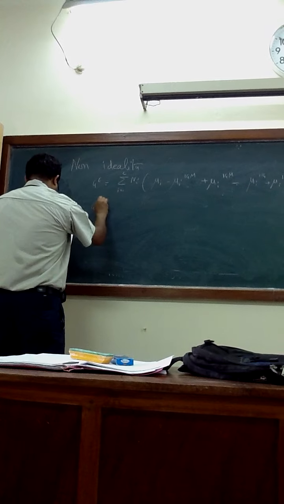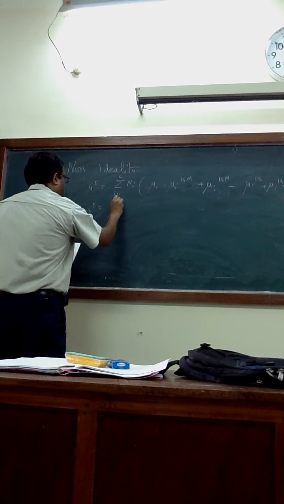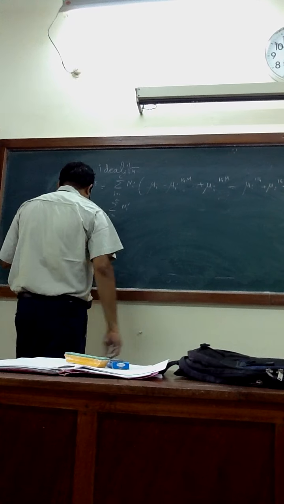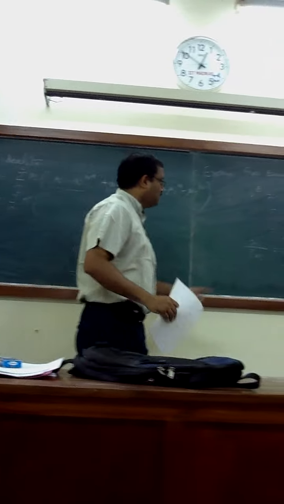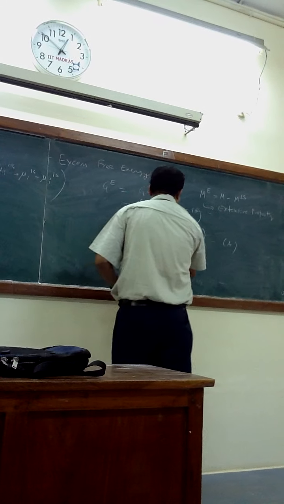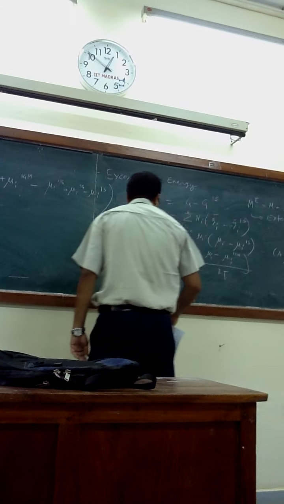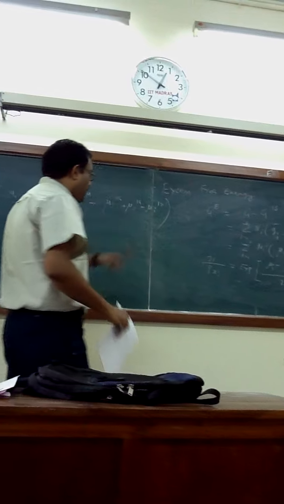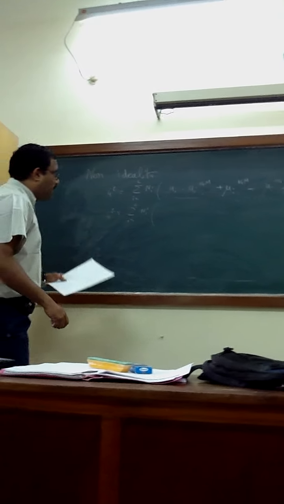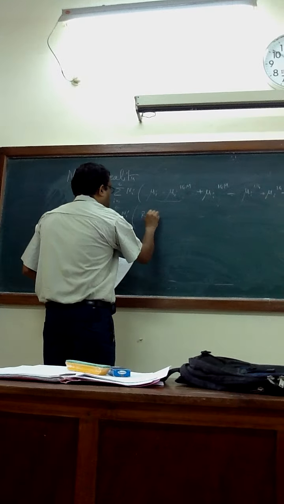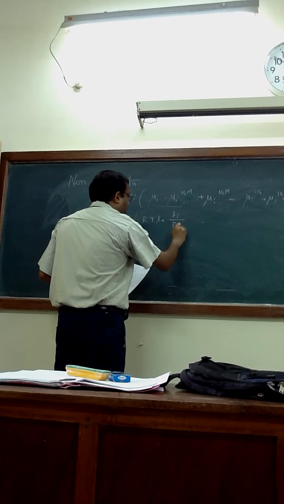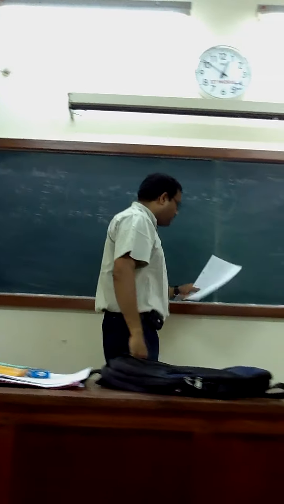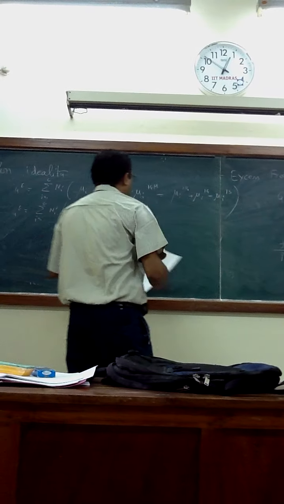G equals summation i equals 1 to C Ni. What should we write? Mu i minus mu i IgM. Sorry, it is RT ln Fi by P xi. Am I correct? RT ln Fi by P xi, then mu i IgM minus mu i Ig.